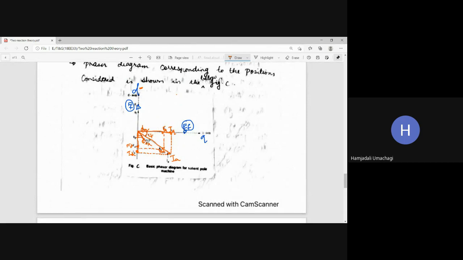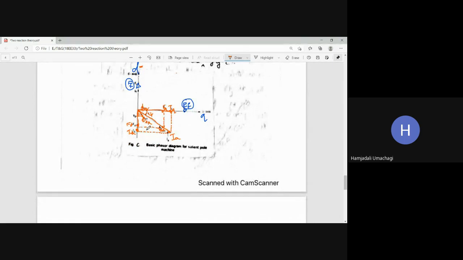Because of that, the direct axis offers less reluctance and the quadrature axis offers more opposition, that is, reluctance. Because of that, this ψ_AR will not be in line with I_A and F_AR, and in turn ψ_R will be very near to ψ_d and away from ψ_q, because of the change in reluctance, because of the change in the length of the air gap, because of the construction of the salient pole machine.